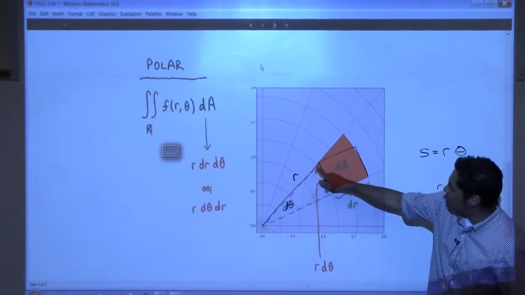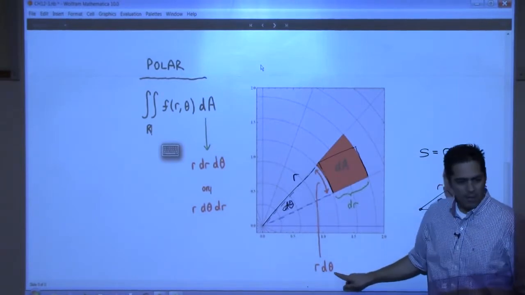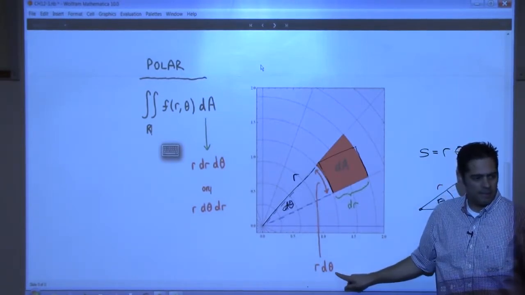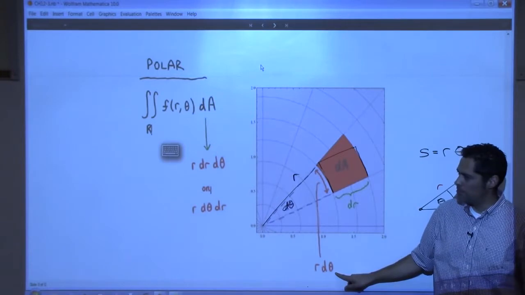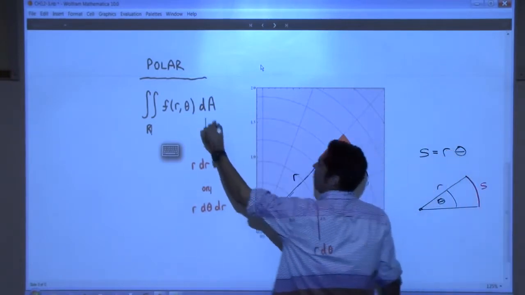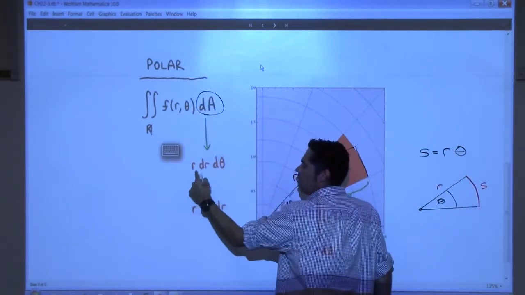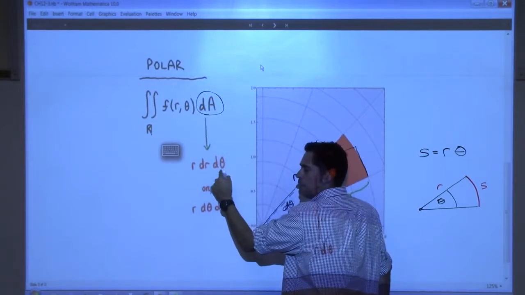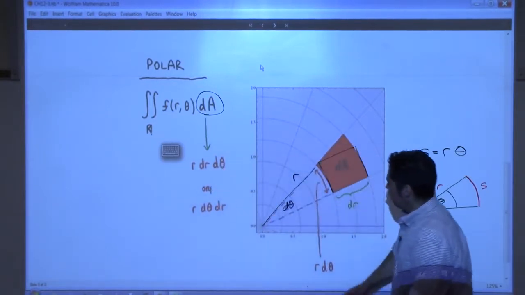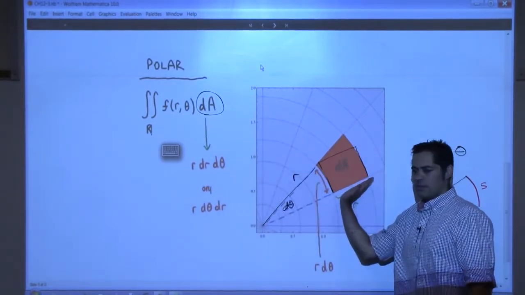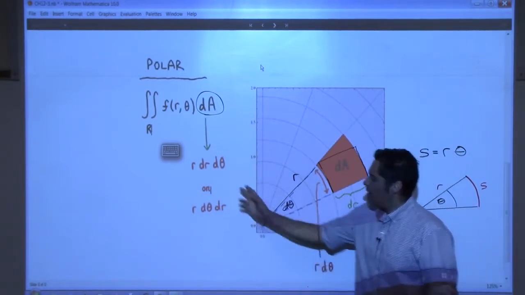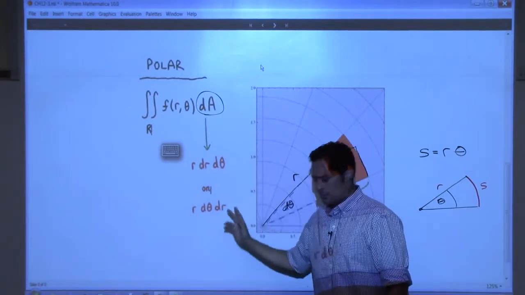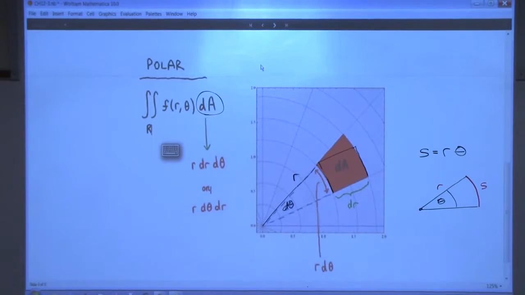So the length of this little arc would be r d theta. Understand that? Okay, so dA becomes r dr d theta. These three things multiplied together. And it doesn't matter what order we do this in. Questions?